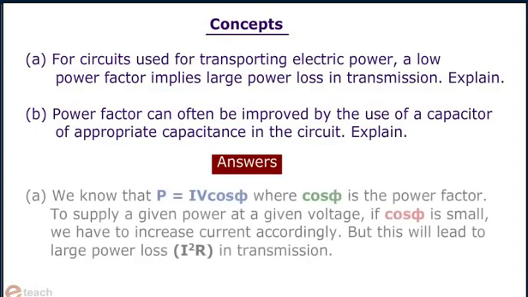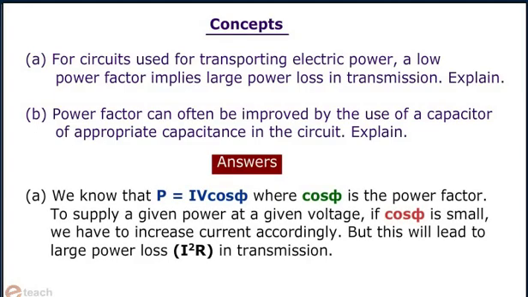Answers. A. We know that P equals IV cos phi, where cos phi is the power factor. To supply a given power at a given voltage, if cos phi is small, we have to increase current accordingly. But this will lead to large power loss I square R in transmission.